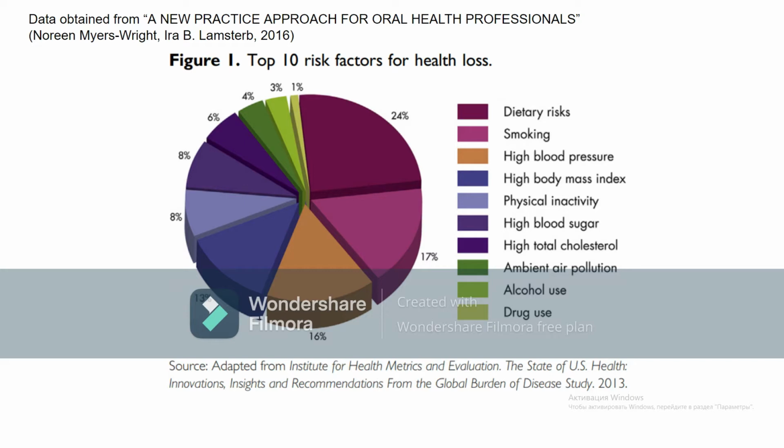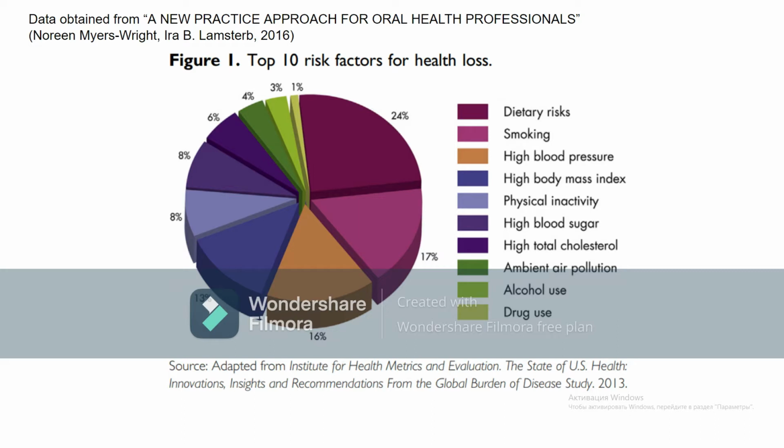That means that what we eat, what kind of food and water we consume, all this means a lot, and this is actually a very important health-related risk factor. Also we see, with 17 and 16% correspondingly, smoking and high blood pressure.